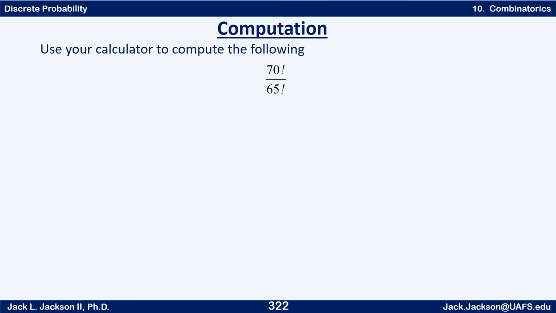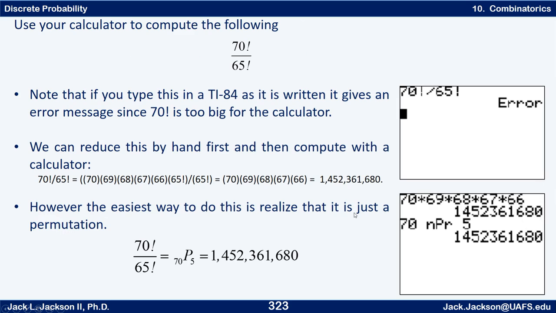So use your calculator to compute the following: 70 factorial over 65 factorial. Well, you run into a problem if you just try to type it in like that, at least on the TI-84, because 70 factorial is bigger than 10 to the 100th power, and so that's too big for the calculator to work.